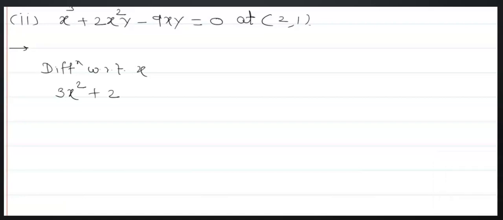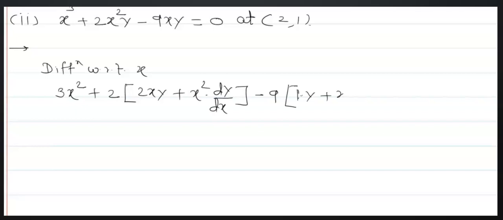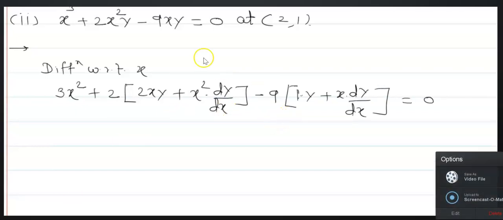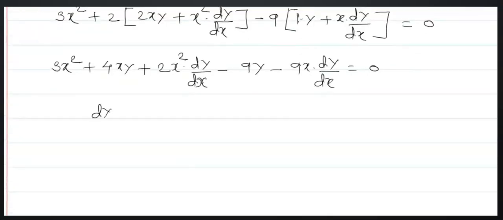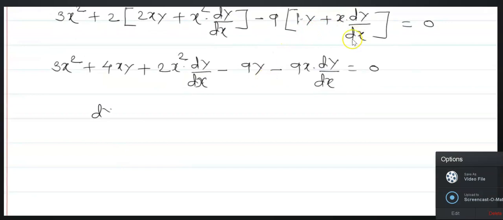Now let us start. That is 3x² plus 2 in bracket 2xy plus x² into dy/dx, minus 9 in bracket, the derivative of x is 1 dot y plus x into dy/dx, is equal to 0. Therefore 3x² plus 4xy plus 2x² into dy/dx minus 9y minus 9x into dy/dx is equal to 0.